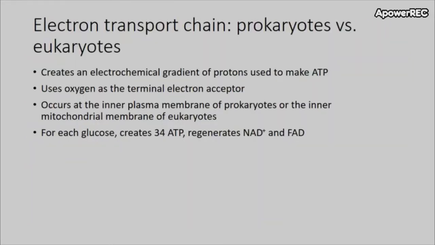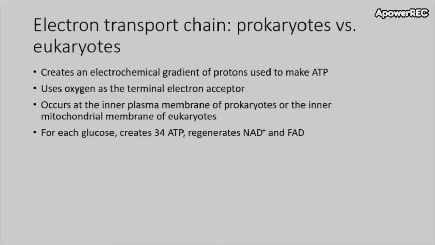And number 35, electron transport chain. Okay, the electron transport chain, there's quite a bit going on here, but essentially this occurs on the membrane, and through the use of several different proteins in this chain, it creates what's called an electrochemical gradient of protons.